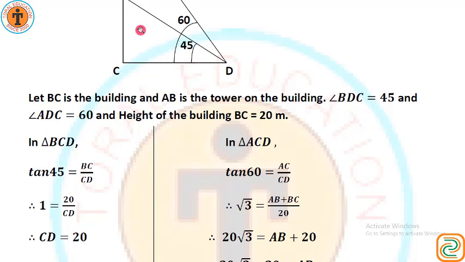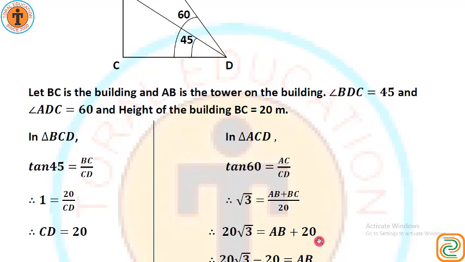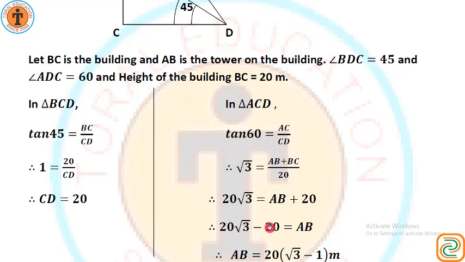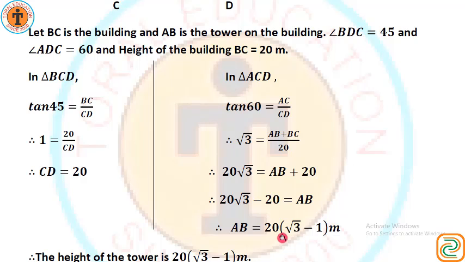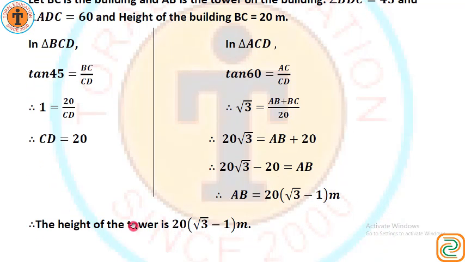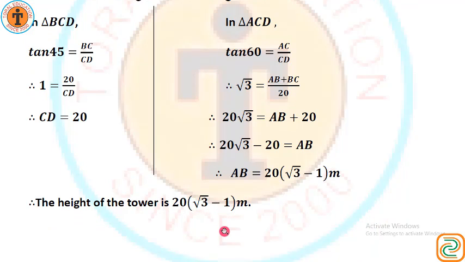But BC is 20 given. So 20 root 3 equals AB plus 20. We subtract 20 from 20 root 3, taking 20 common: 20 times root 3 minus 1 meter. This is our answer, the height of the tower is 20 root 3 minus 1.